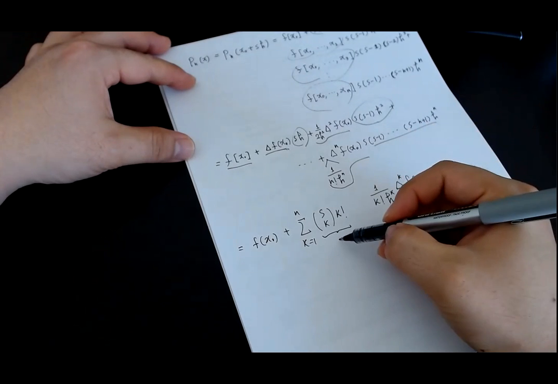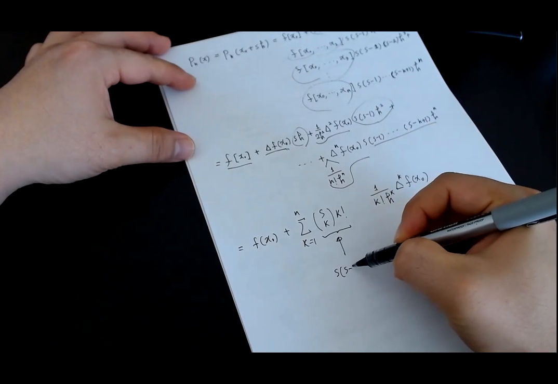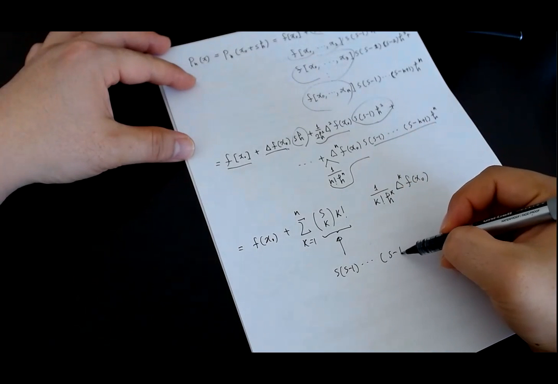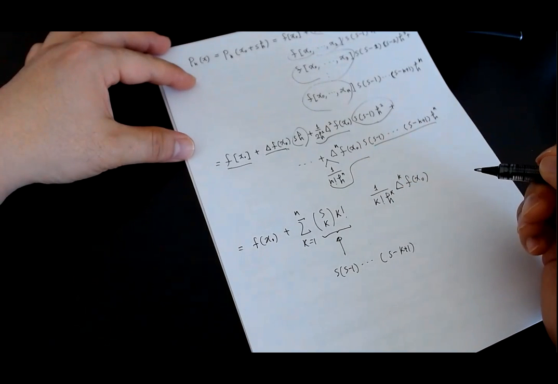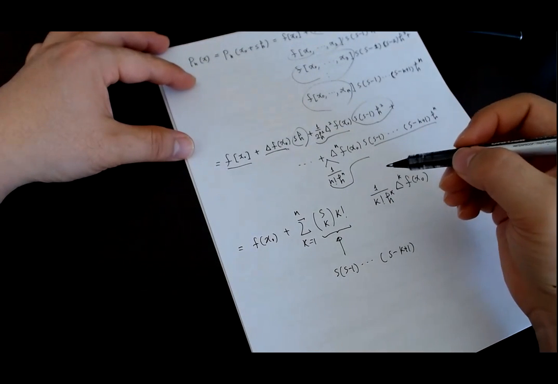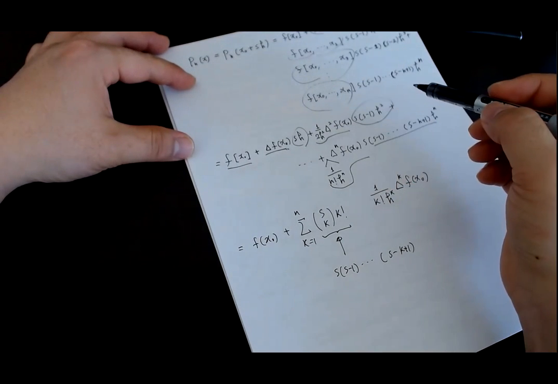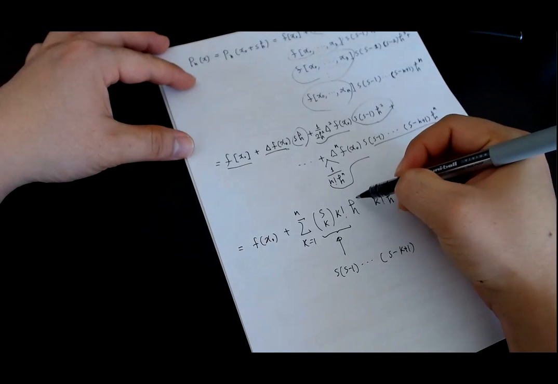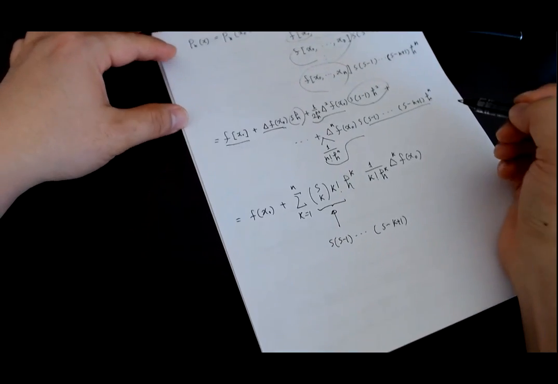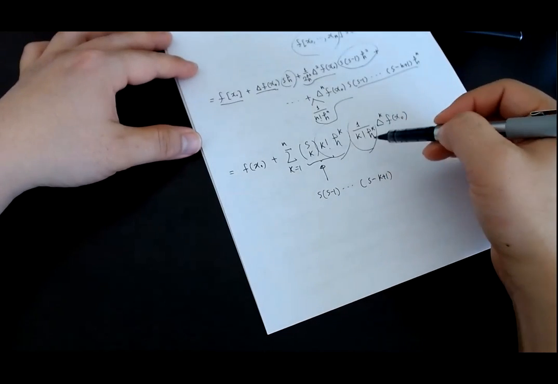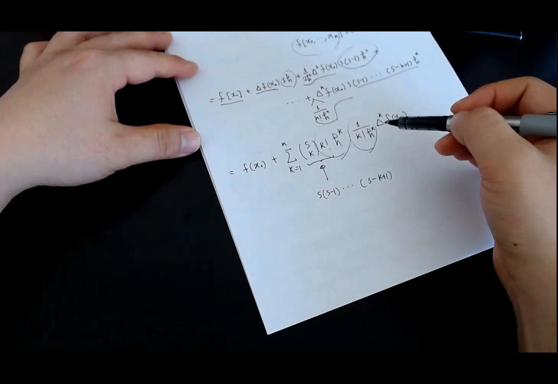That's s times s minus 1 through s minus k plus 1, right? Okay. So now you see k factorial times the h to the k's power. So the 1 over k factorial times h to the k's power cancel them out.